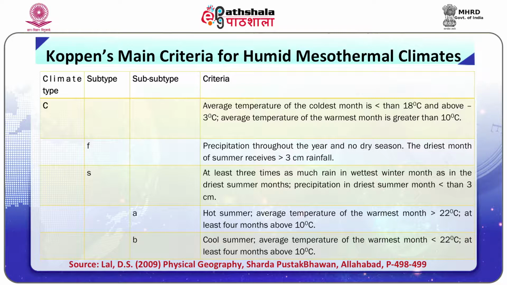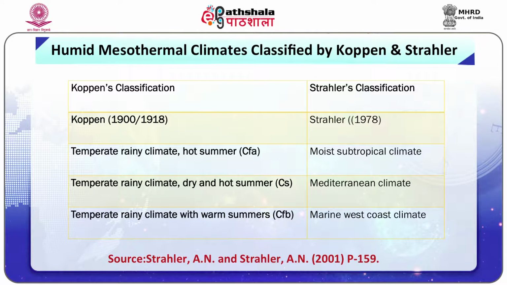The first major type of humid mesothermal climate is humid subtropical climate. It is also known as temperate rainy climate with hot summers. It is characterized by hot summers, mild winters, and throughout the year precipitation.